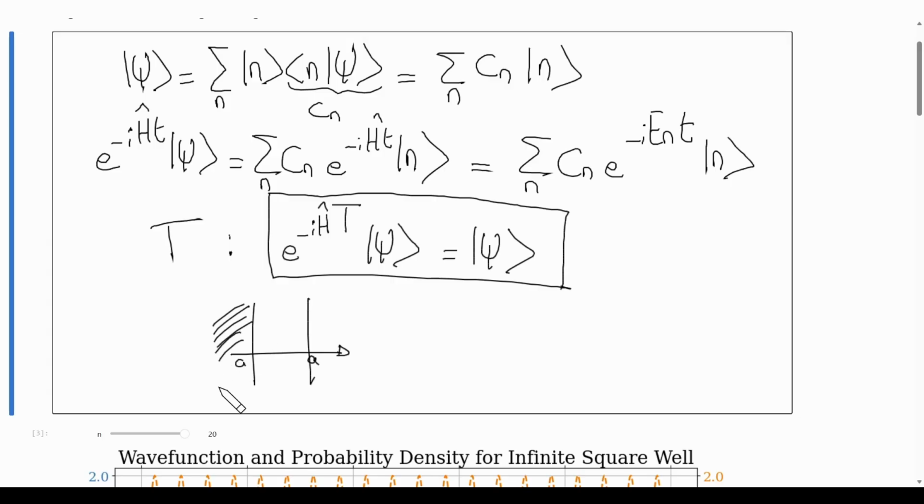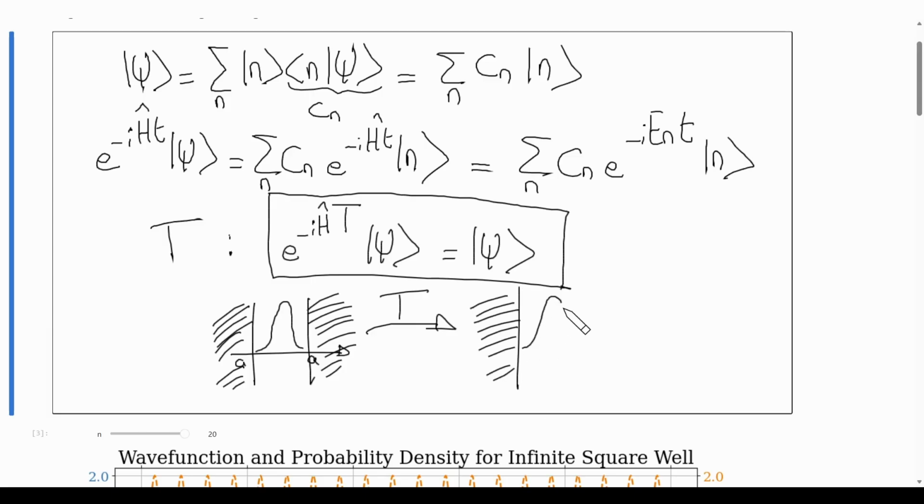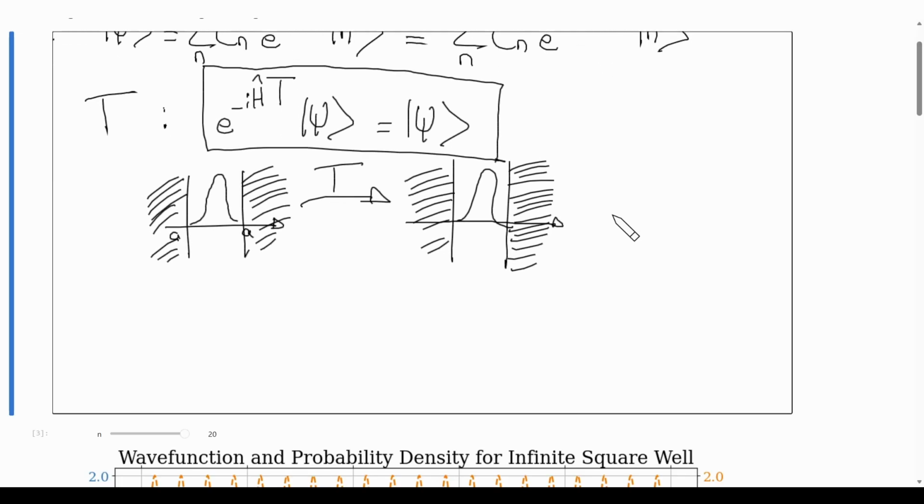So let's imagine some wave function like this that we let evolve for some time t, so it will do some complicated evolution, but after this time t it comes back to being this same exact state that we started with. Is this possible?